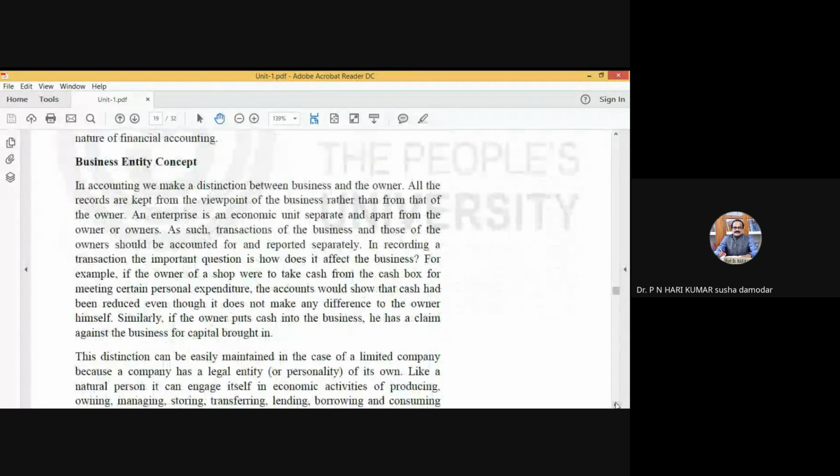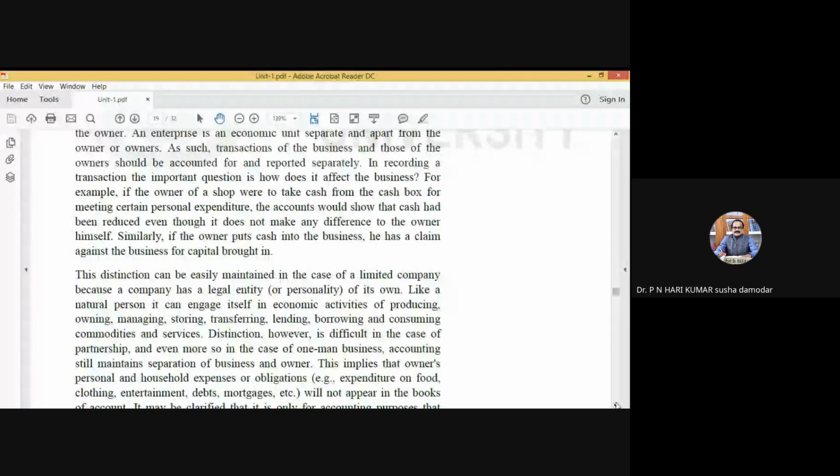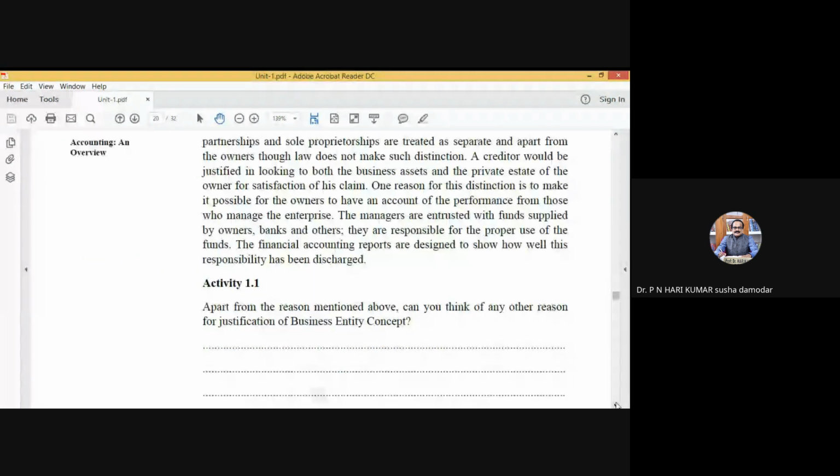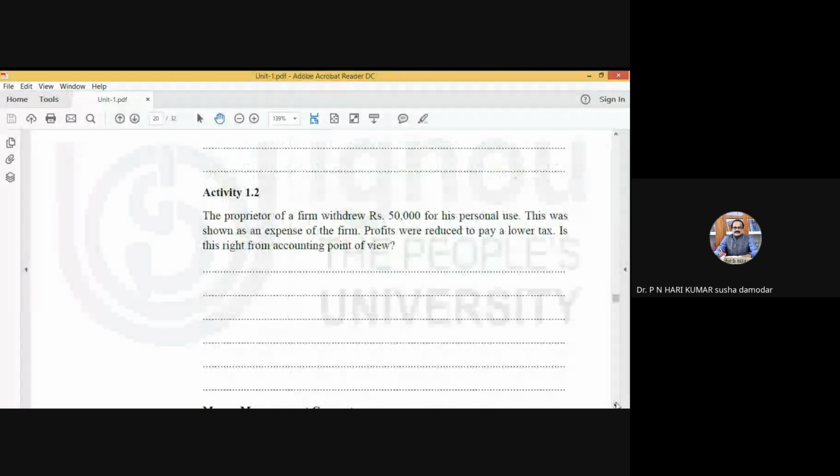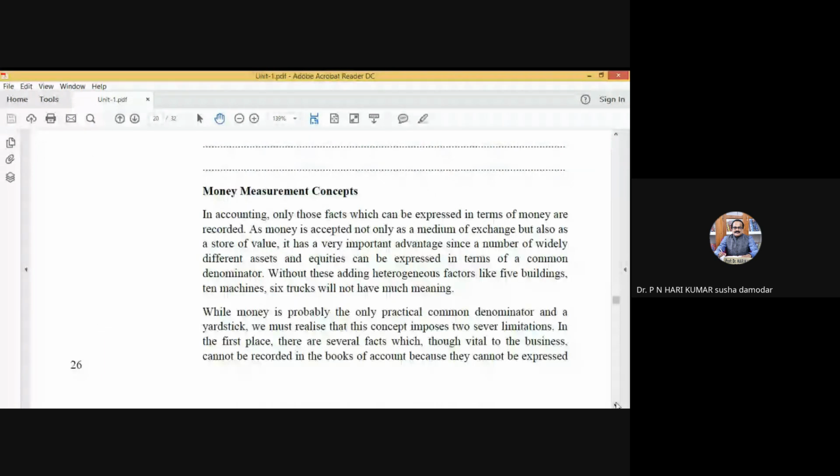Next concept is the money measurement concept. I have already mentioned a lot of cash transactions, a lot of economic transactions are taking place.